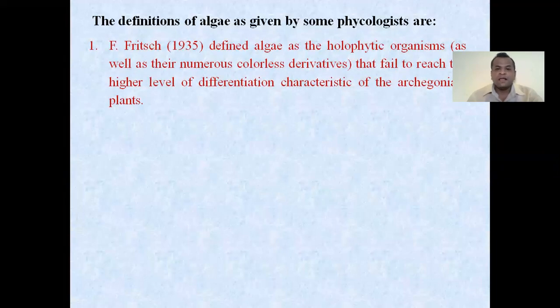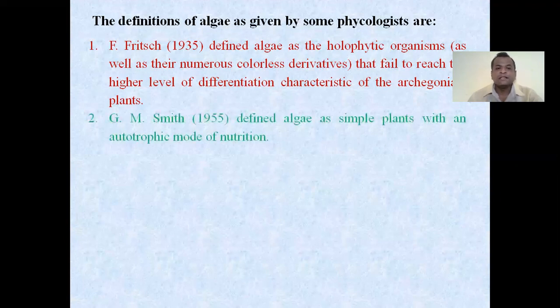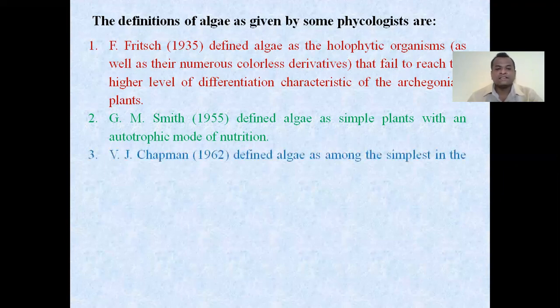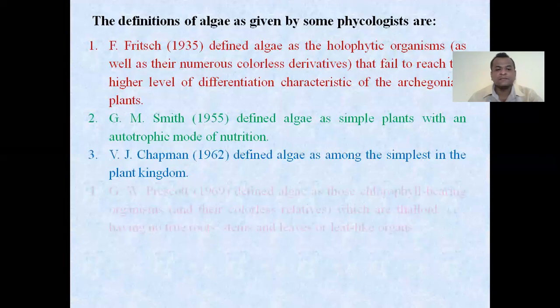Fritsch defined algae as holophytic organisms that fail to reach the higher level of differentiation characteristic of archegonate plants. G.M. Smith defined algae as simple plants with an autotrophic mode of nutrition. Chapman defined algae as among the simplest in the plant kingdom.